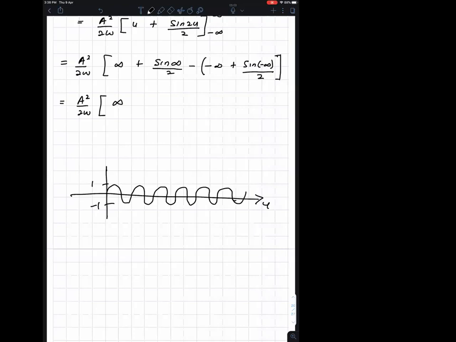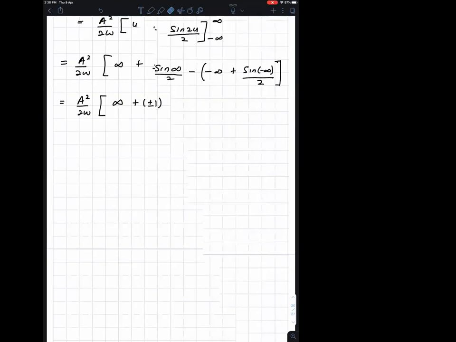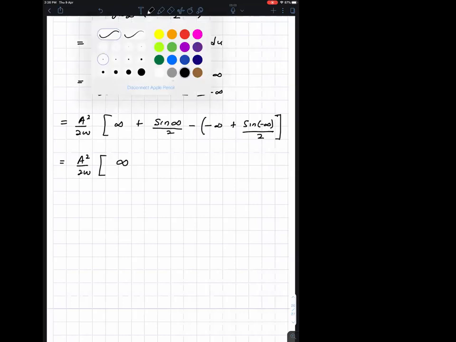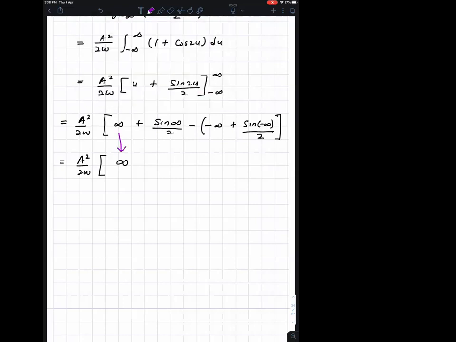It's not going to grow. So it's going to be plus or minus 1 maximum. So the overall result is dominated by this infinity, because sine only oscillates from -1 to +1.